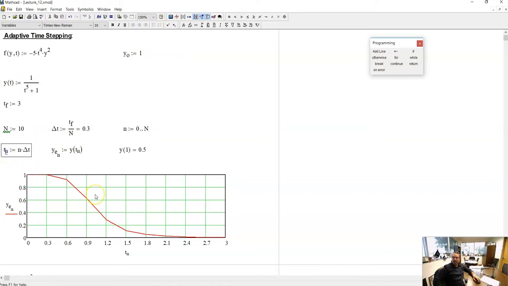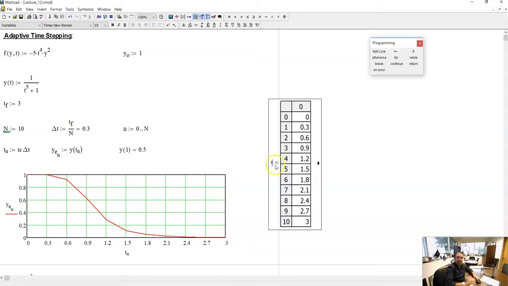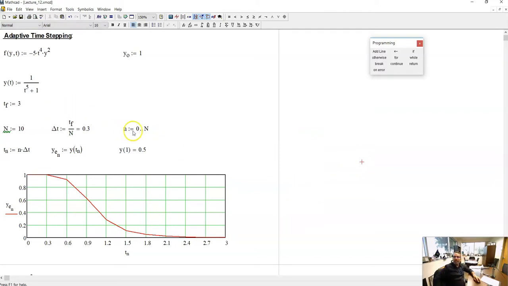This is an index n, so t sub n is n times delta t, which yields a t array of 11 values from 0 to 10, 0, 0.3, 0.6, and so on and so forth. And it's using this range variable n that is defined as a variable that goes from 0 to n. If I evaluate the solution at time equal 1, I get 0.5.